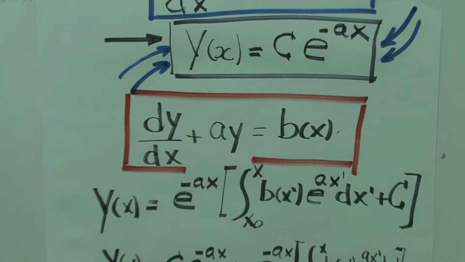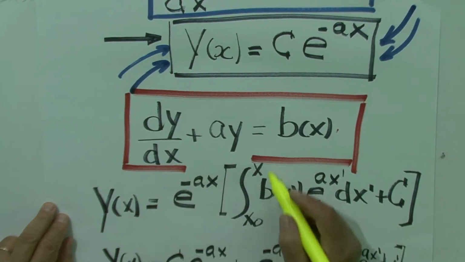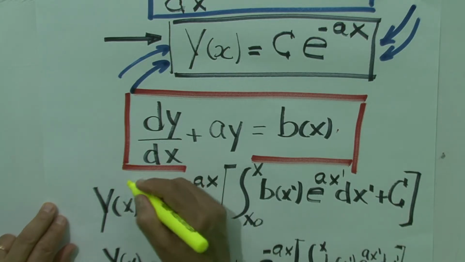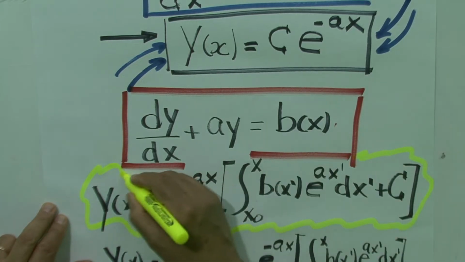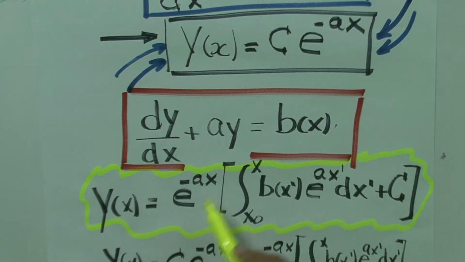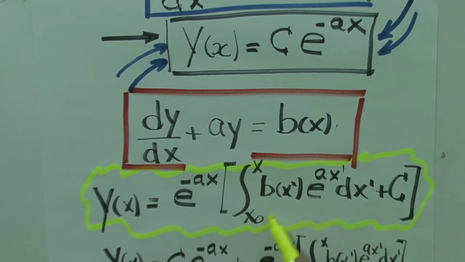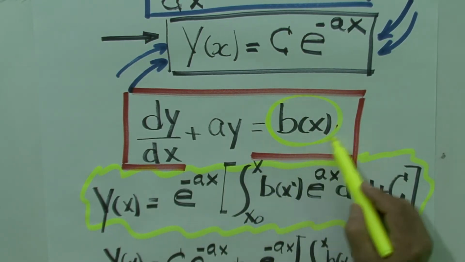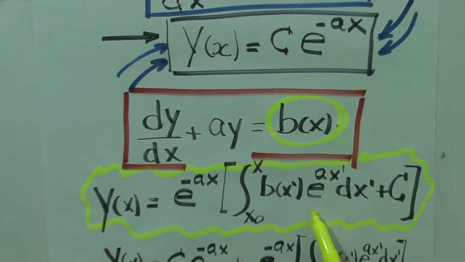The solution is always, you know, the homogeneous plus the non-homogeneous. And this is given by this part. And we can prove this. I'm not going to do it, because this is only a tutorial, but you can do it as an exercise, right? Basically you have the solution, the exponential, times the integral of this function that makes the equation non-homogeneous, times the exponential, integrated.